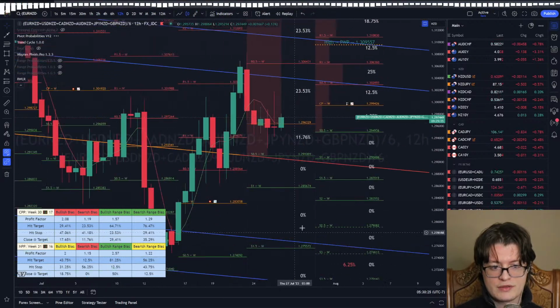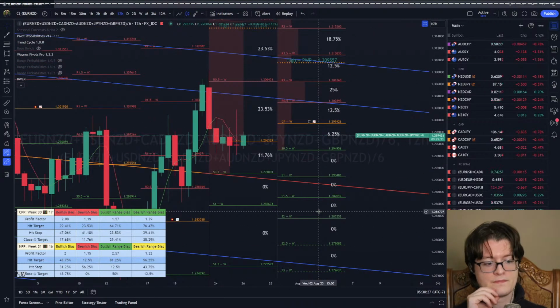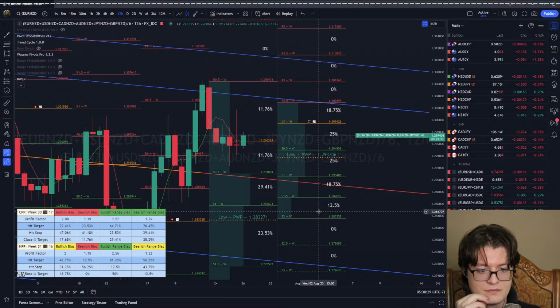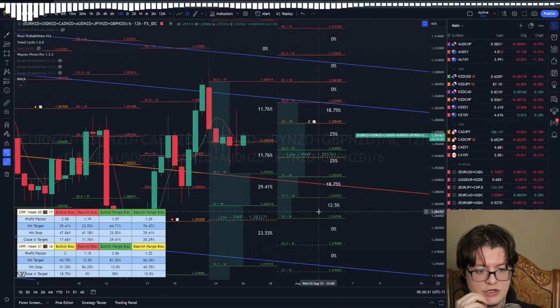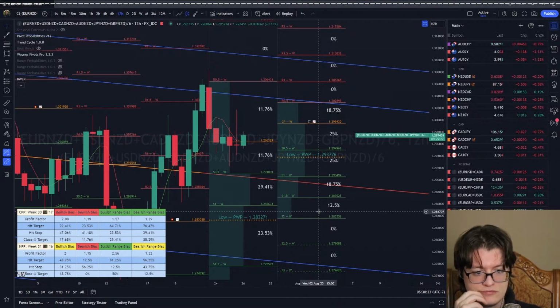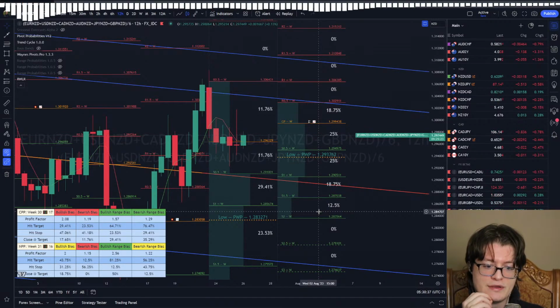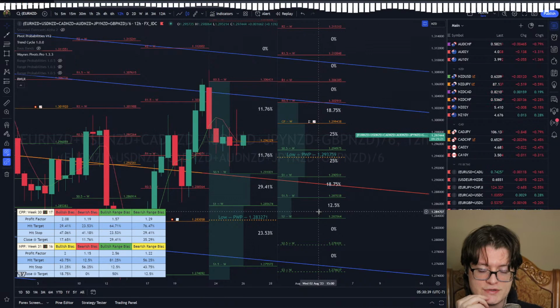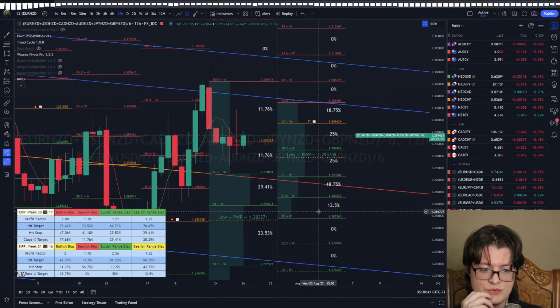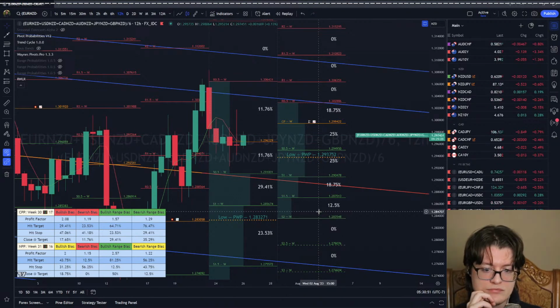Any strength? No. Not really. So any New Zealand dollar strength that shows its face next week is probably a decent shorting opportunity. Yeah.